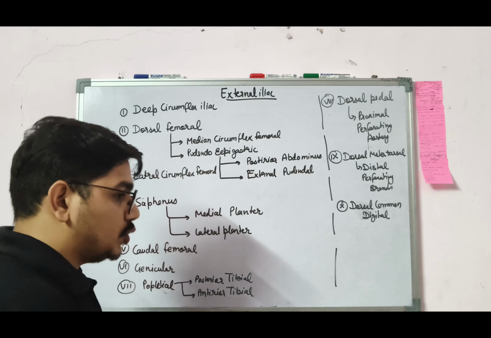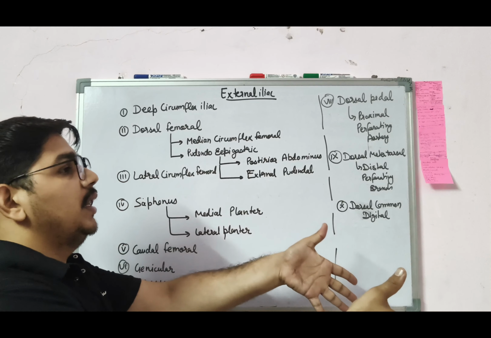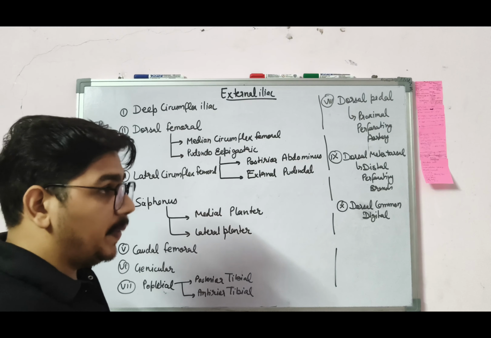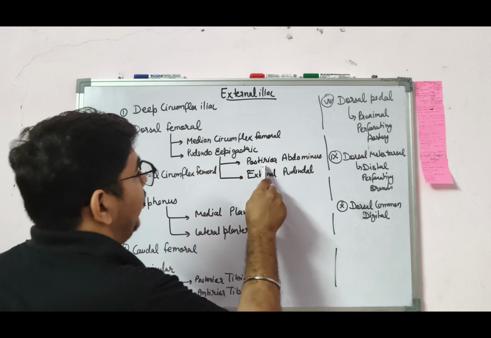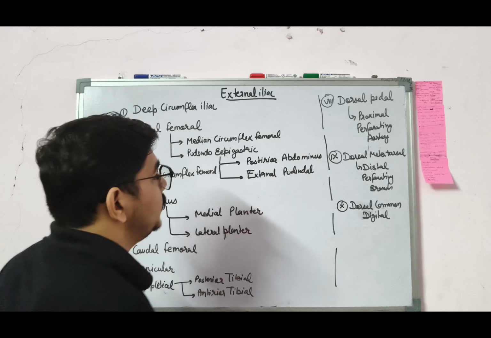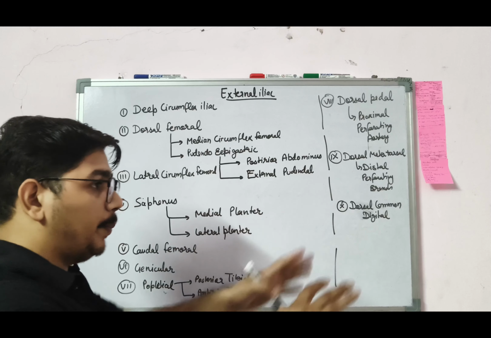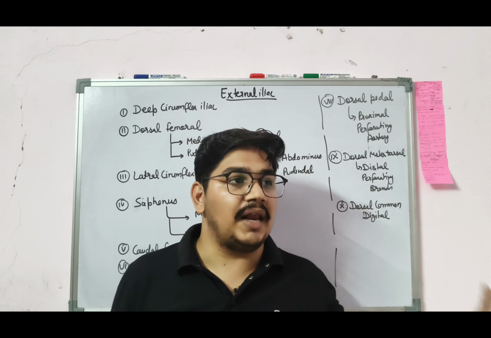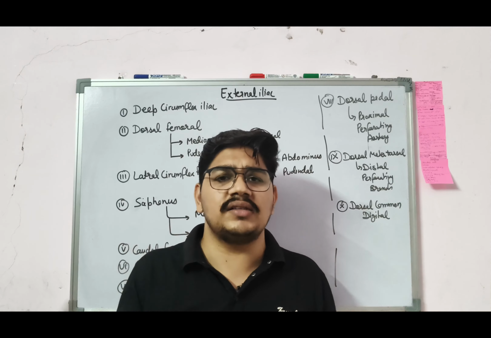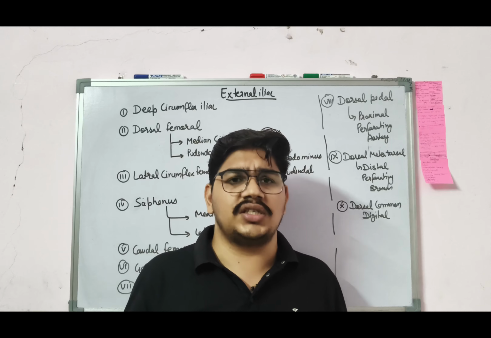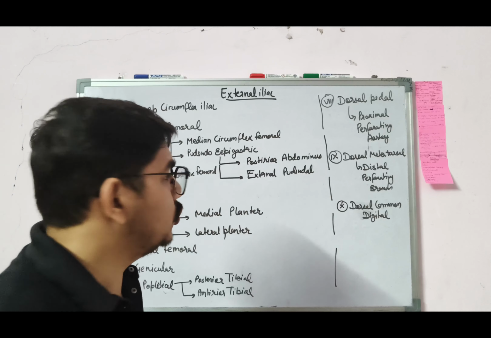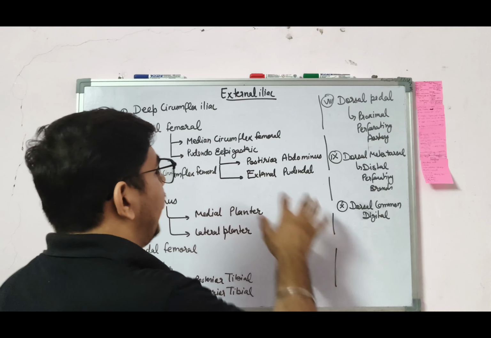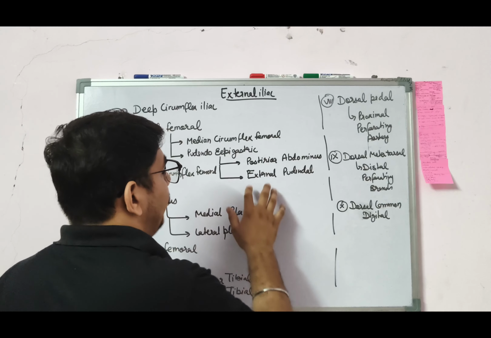pudendo-epigastric goes to the abdomen region and supplies by branching. First, the posterior abdominis supplies the posterior part of the abdomen. As you know, the abdominal cavity and pelvic cavity are divided by an imaginary line; there is no structure or skeleton between them. So it goes to the abdomen and supplies the posterior part of the abdomen.